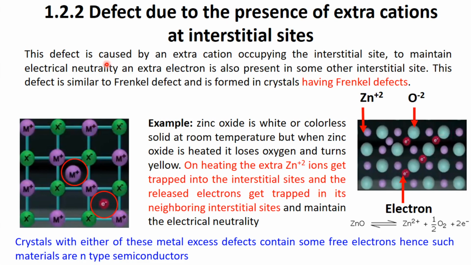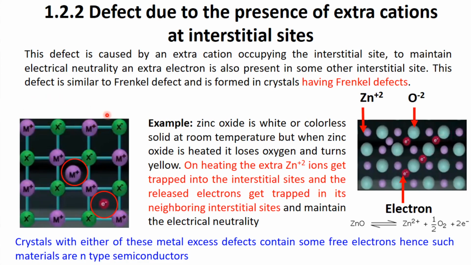To maintain electrical neutrality, an extra electron is also present in some other interstitial site. This defect is similar to Frenkel defect and is formed in crystals having Frenkel defects.